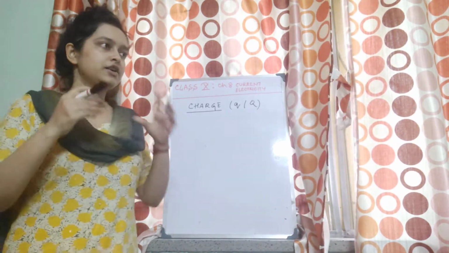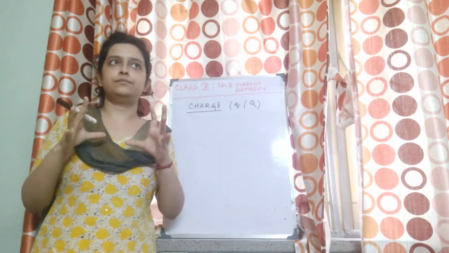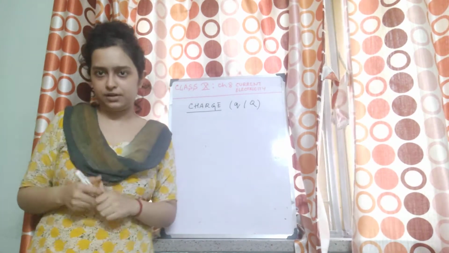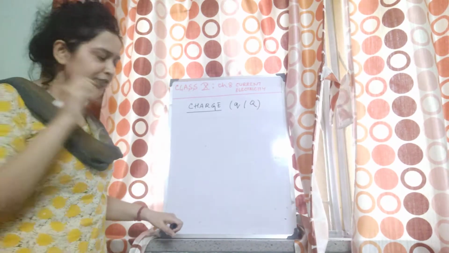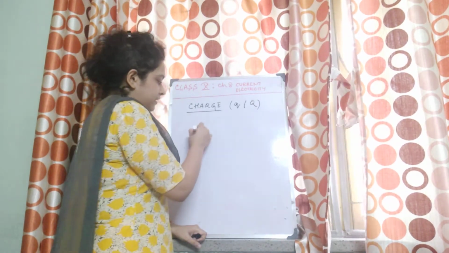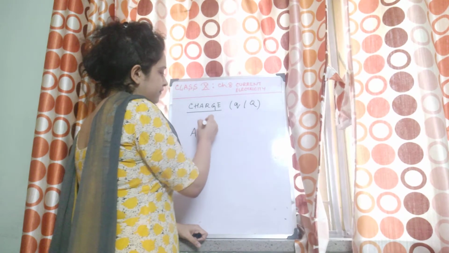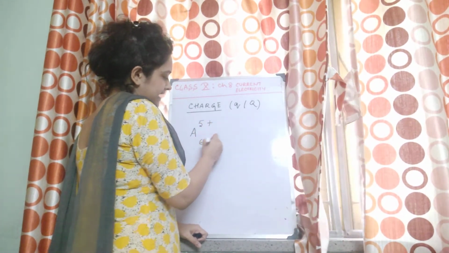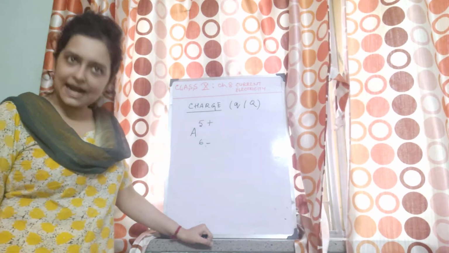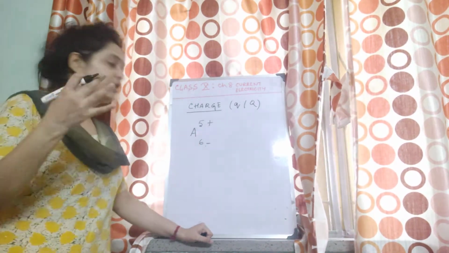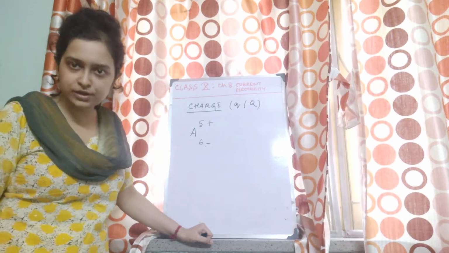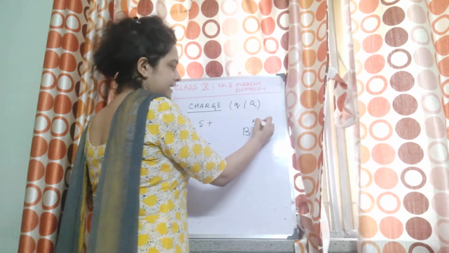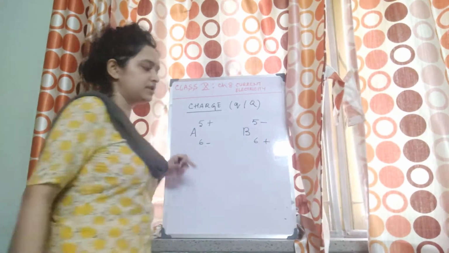Suppose you have an atom. What do we know? That atom is always electrically neutral. But if the atom A has got 5 positive charge and 6 negative charge, that means it has got excess of electrons. It's not electrically neutral. And another atom has got, say, 5 negative charge and 6 positive charge.